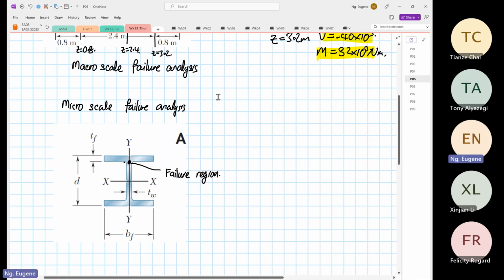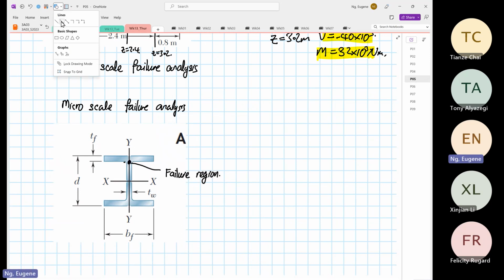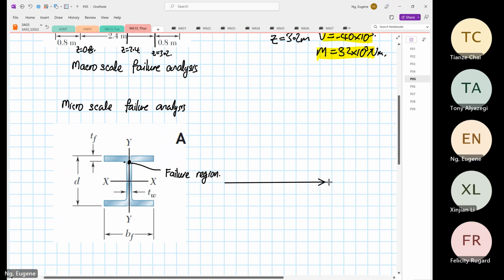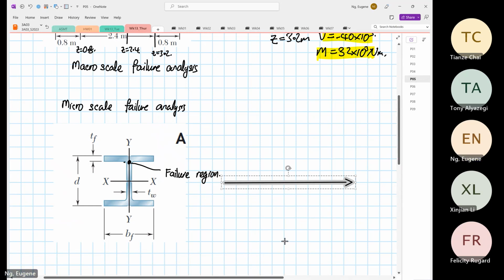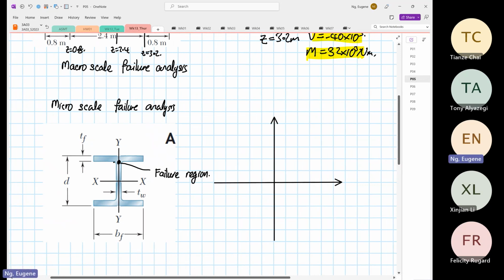If we were to sketch the distribution, so this will be our normal stress, and this will be our y distance. And this can also be our shear. So if I'm going to sketch, maybe I should do it a bit bigger.